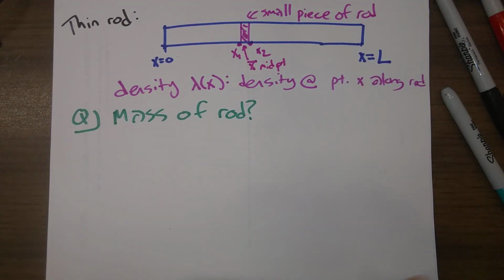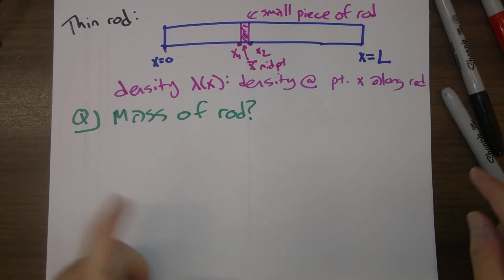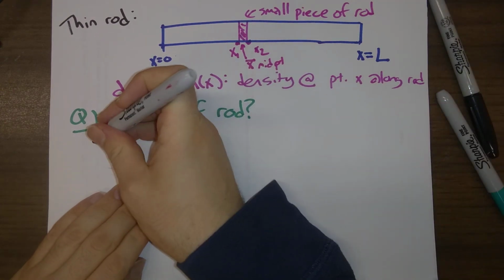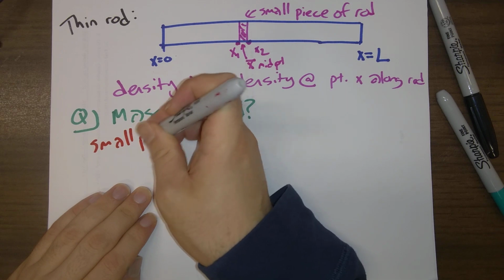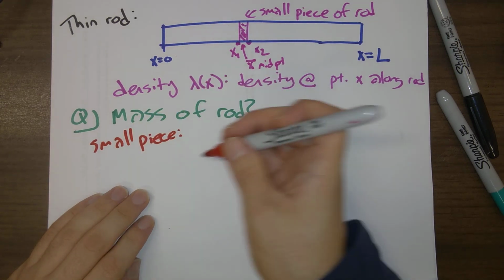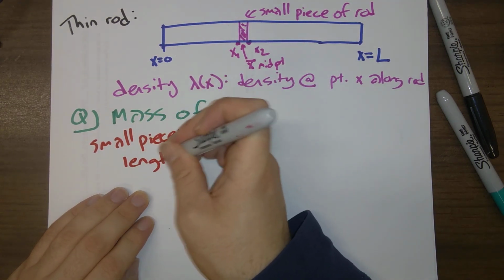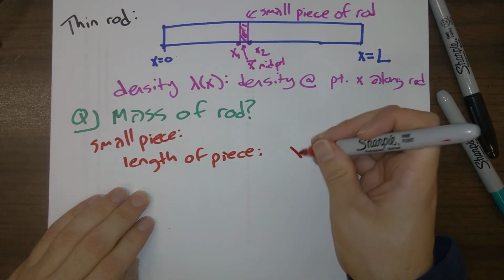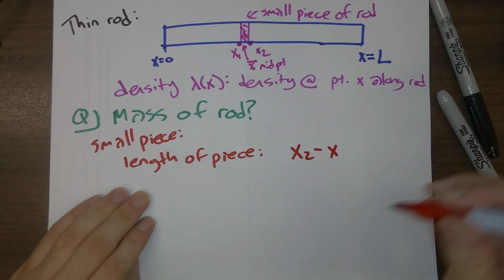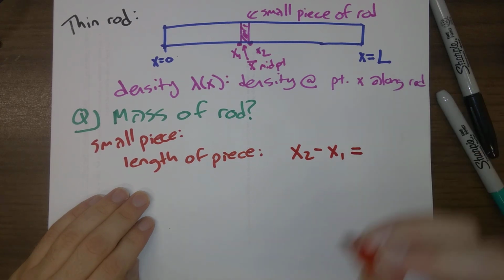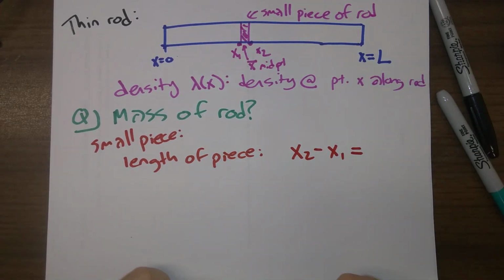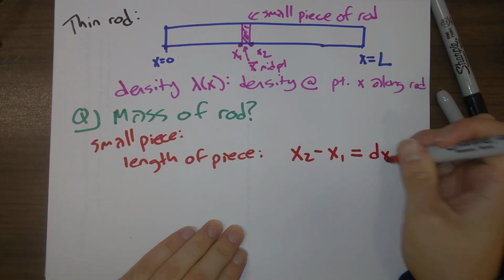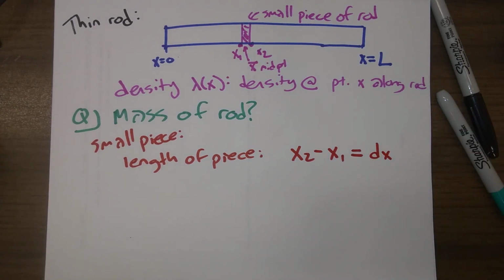Okay, so let's think about what's going on. What do we have here? We want a small piece. The length of the piece is going to be x2 minus x1. But really, we're going to take this to be really, really small, some kind of differential in the limit here, so we're going to think about this as dx.